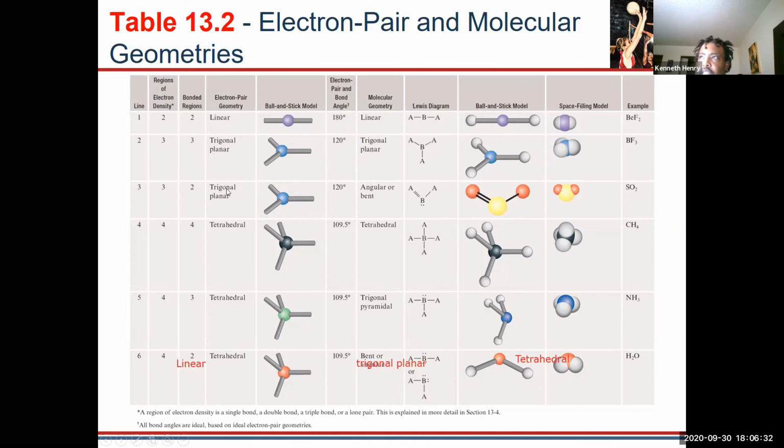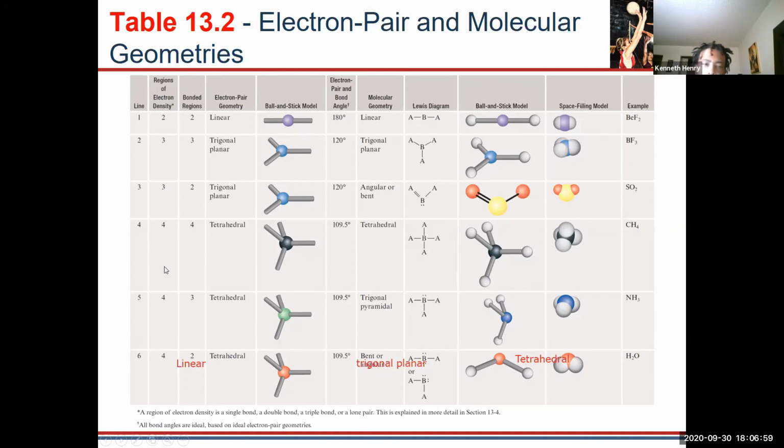The electron pair geometry is trigonal planar, but the molecular geometry, because we don't see the electron pairs when we draw the molecule, is going to be represented as bent or angular. An example of that is SO2.